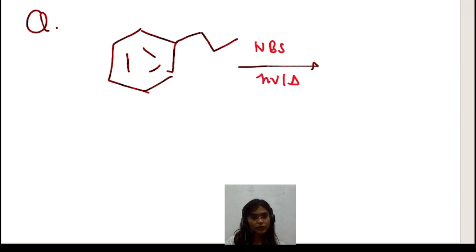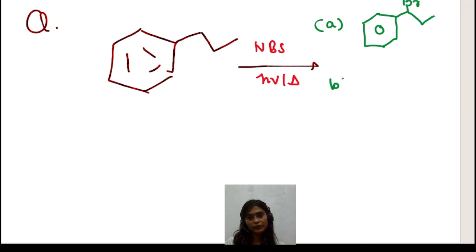There are options for you. You have to identify the product here. What is the possible product? Options for you. Option number one. In this case, NBS is only the bromine donor. Be noted.